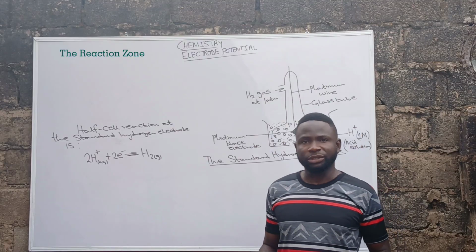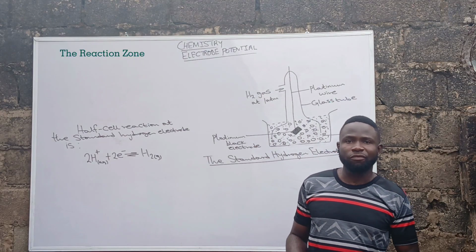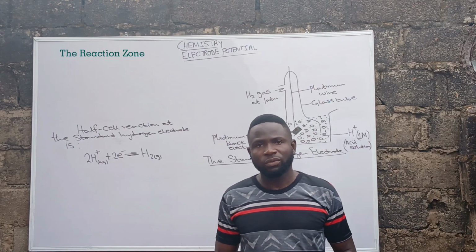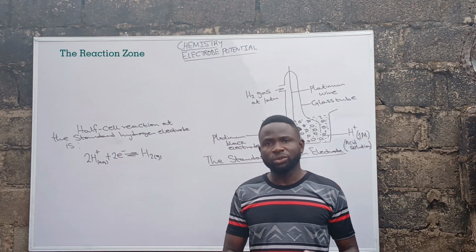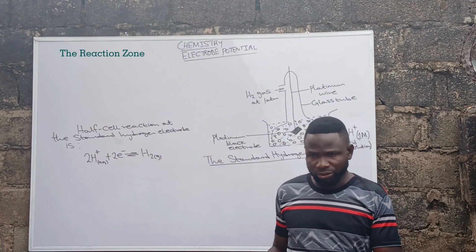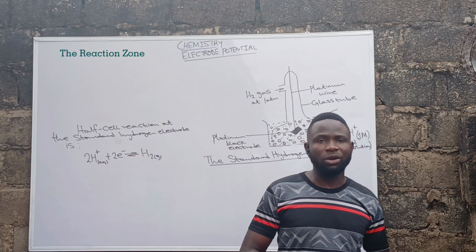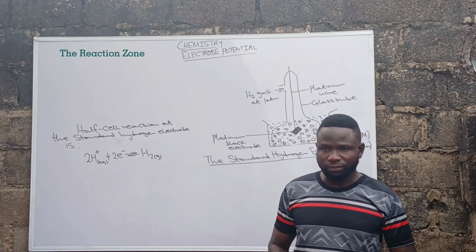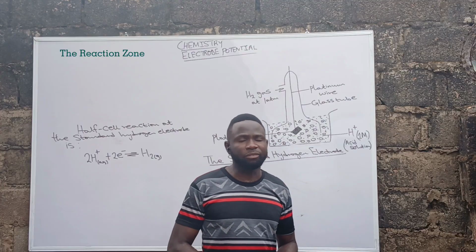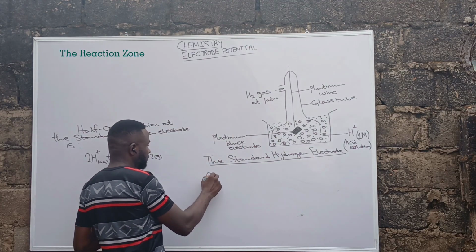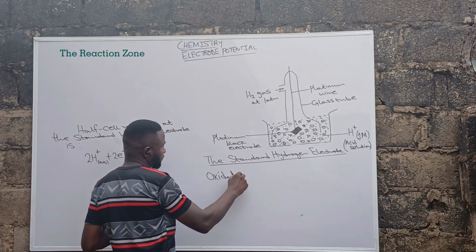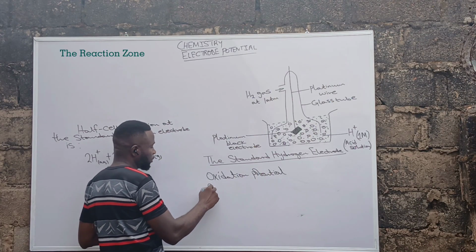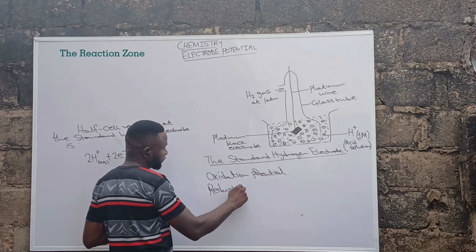Now, the electrode potential is usually a measure of the tendency of a metal to undergo oxidation or reduction, that is, to accept electrons or lose electrons when the metal comes in contact with a solution containing its ions. Electrode potential can either be oxidation potential or it can be reduction potential.